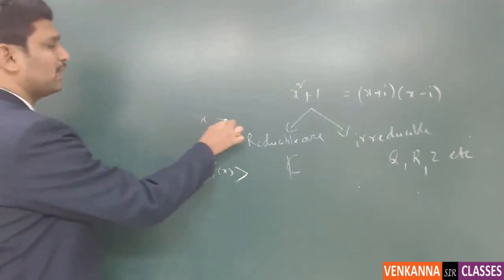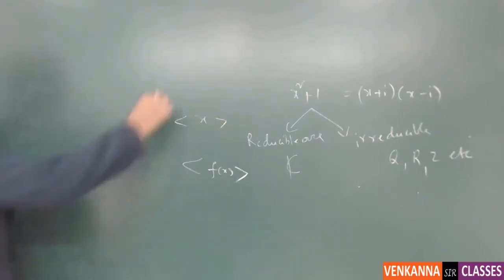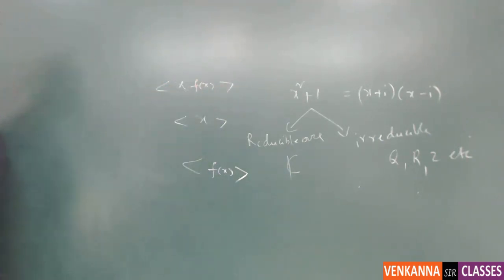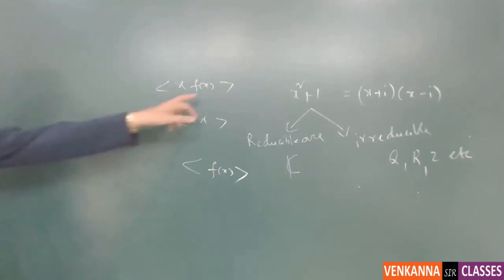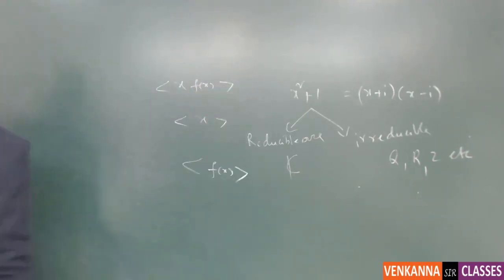Generally the multiples of the polynomial, so the general structure is x into f of x, the multiples of f of x. Whatever polynomial f of x you consider, its multiples are nothing but an ideal in the polynomial ring.